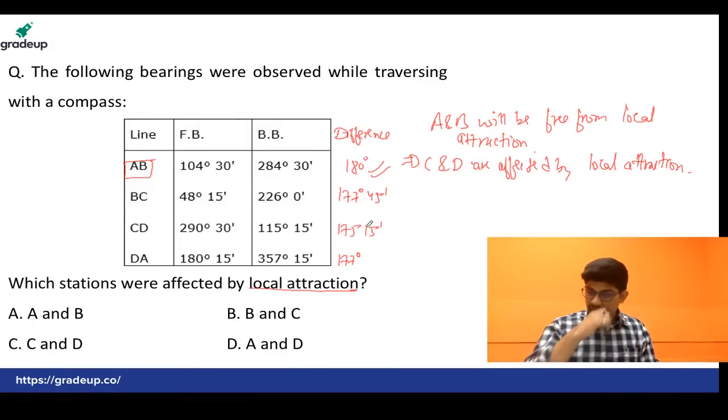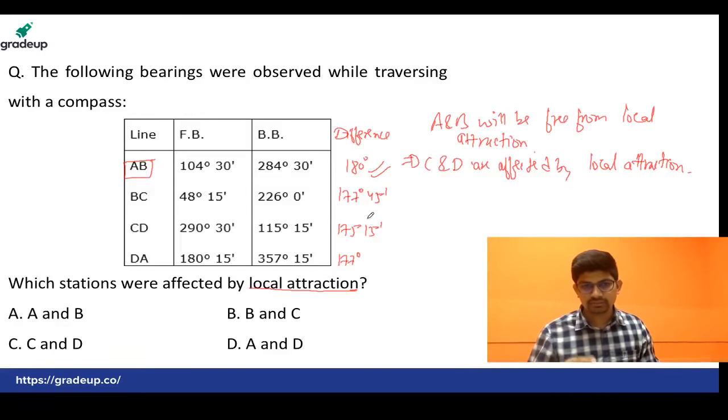More complicated problems can be framed on this topic, but since this is for RRB JE and SSC JE level, they won't be asking much harder questions. So you have to practice the easy ones and make sure that you do not solve them incorrectly. From the JE point of view, these types of questions will be beneficial.